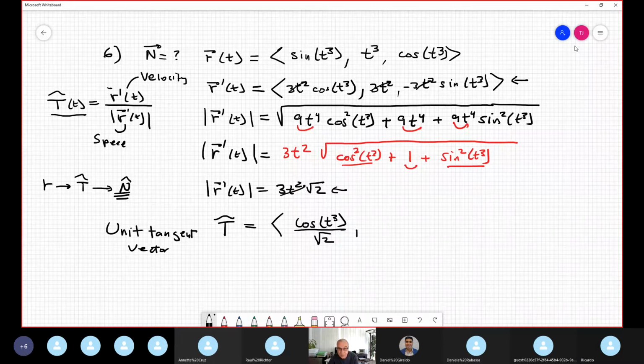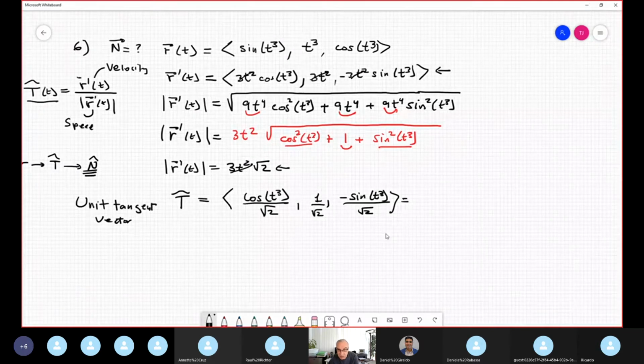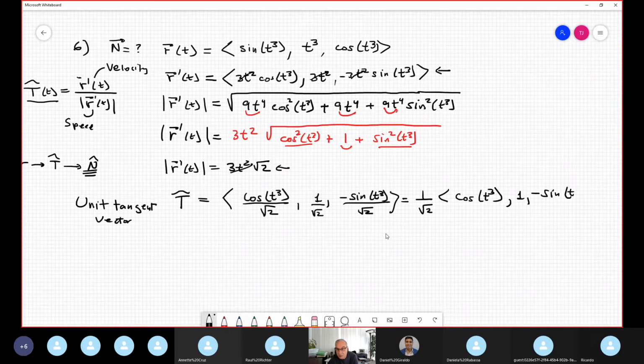Comma 1, comma minus sine t cubed, all divided by radical 2. Sorry, in my paper I was confusing because I copied 1 over radical 2 outside the vector. So you have cosine t cubed, comma 1, comma minus sine t cubed. I think this is the unit tangent vector.